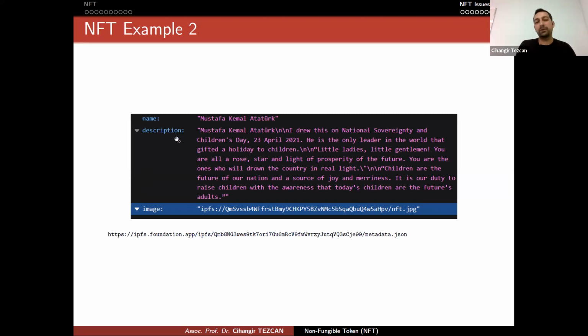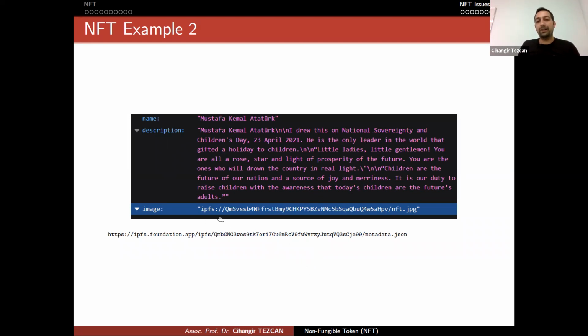So marketplaces should be careful. Actually, any software, any web page that takes NFT data from the JSON file should be careful about what they're parsing, right? There can be injection problems.